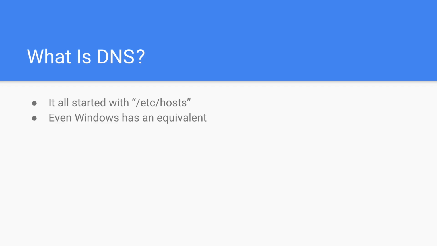So that'd be your Linux, Mac OS, and Unix-based distributions like FreeBSD and things of that ilk. Basically, the idea was you would put a short name followed by, say, an IP address, and this would help you resolve your host without having to memorize a bunch of IP addresses.